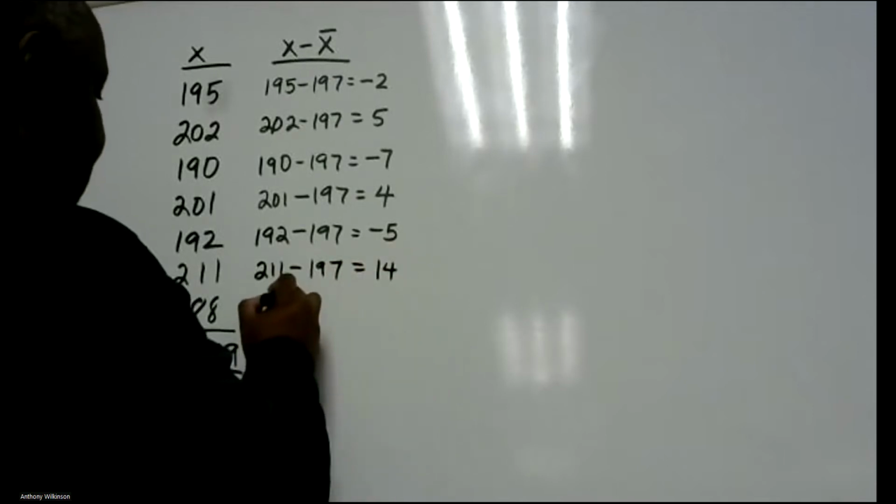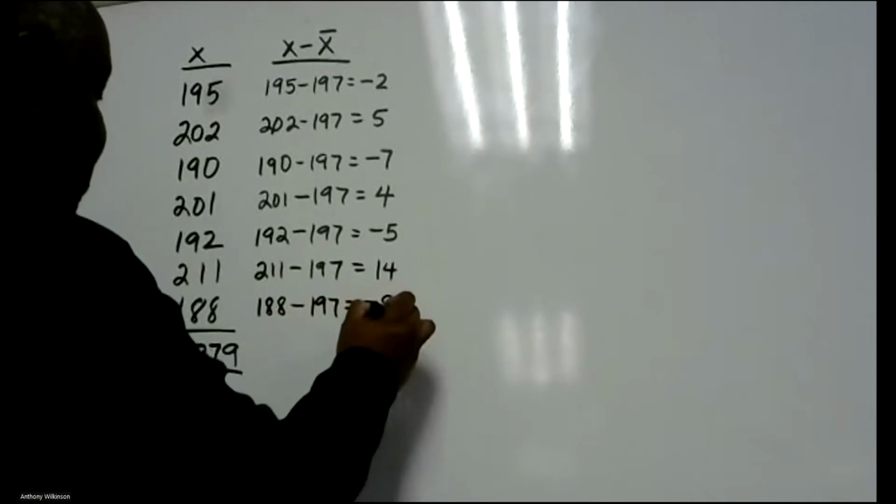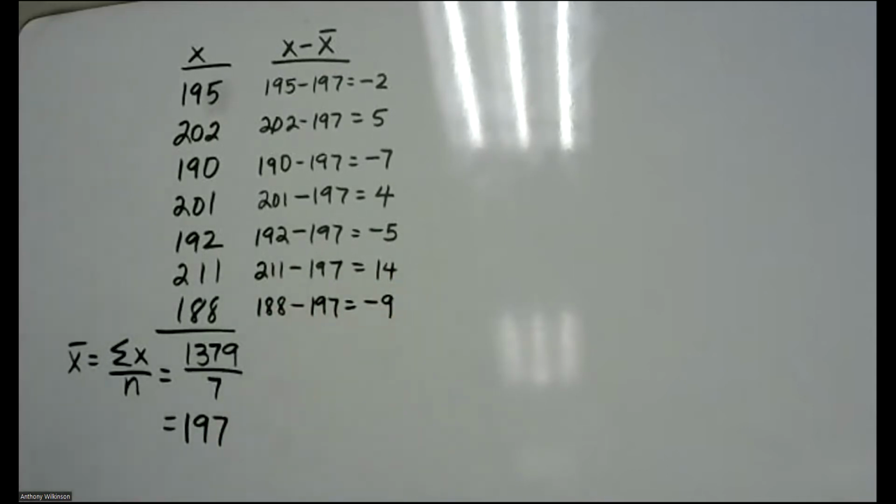And finally, 188 minus 197 is -9. All right, those are my differences for each number.